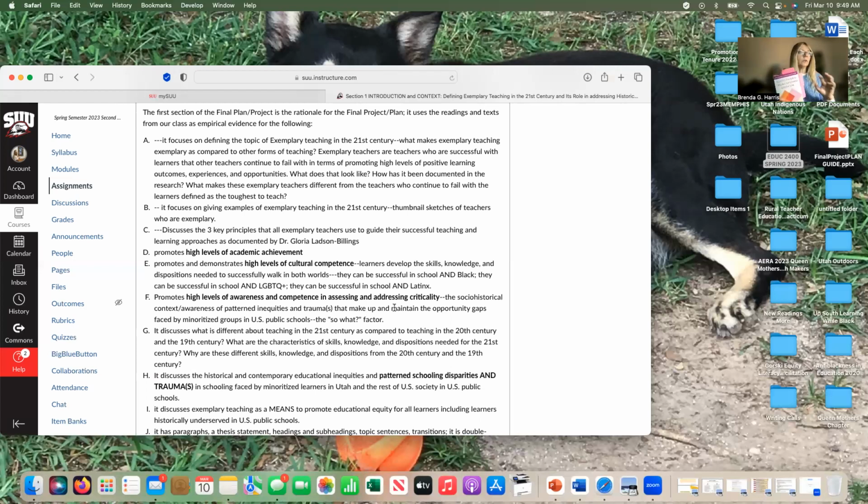So that third principle is super critical, and all of the exemplary teachers address that. It's also the toughest principle to be able to understand. It's the toughest one to be able to enact and write about. But just because it's tough doesn't mean that we can't do it.